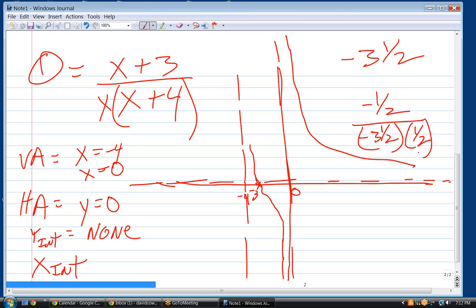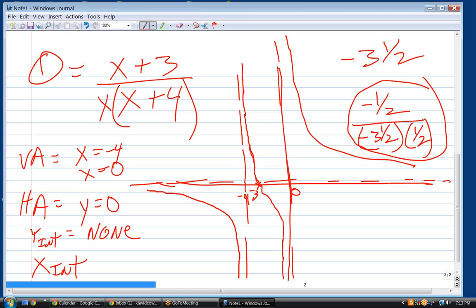That's a positive number. In other words, that whole thing is positive, which means this thing does this. And then again, since I'm approaching this asymptote and headed towards positive infinity, it's going to come out down here.